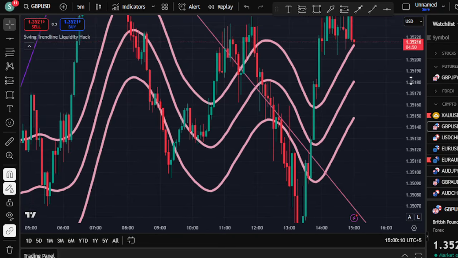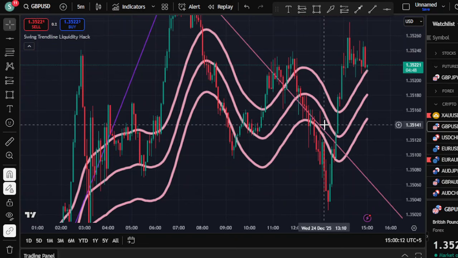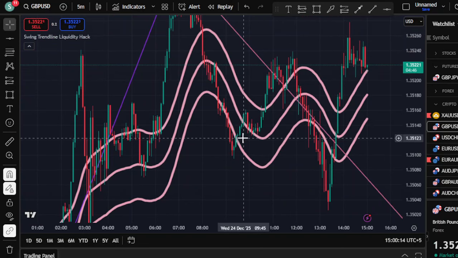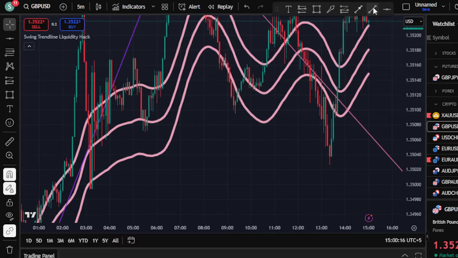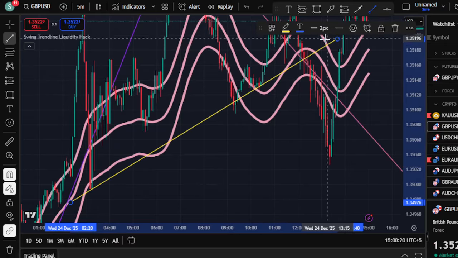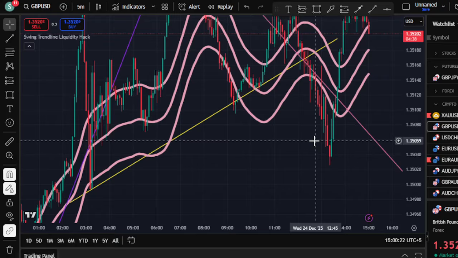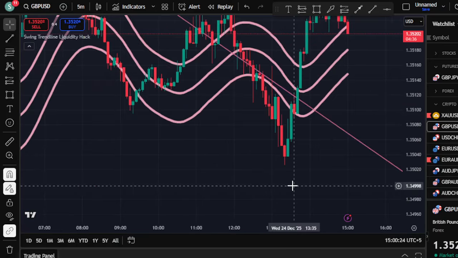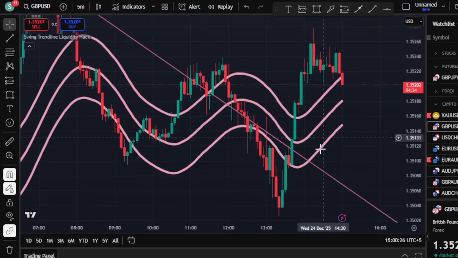The price should not be vertically trended in one direction. For example, if I make a trend line like this, it's not vertically up, because we have already seen the downfall on that pound USD pair. So that's why the band space is good.